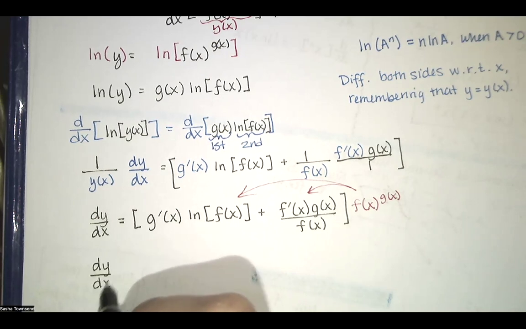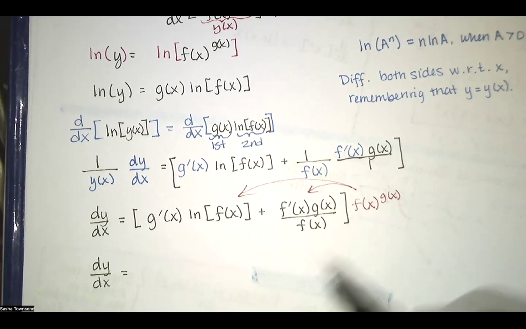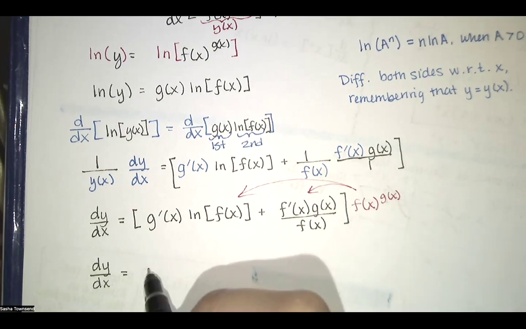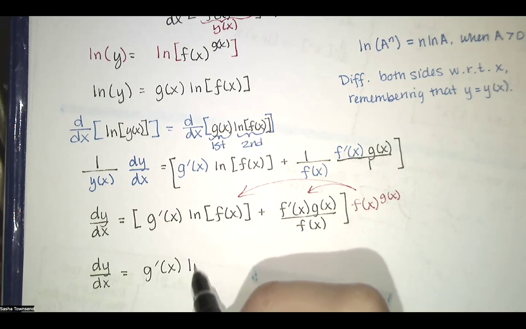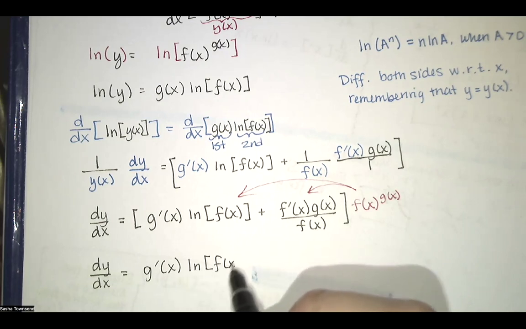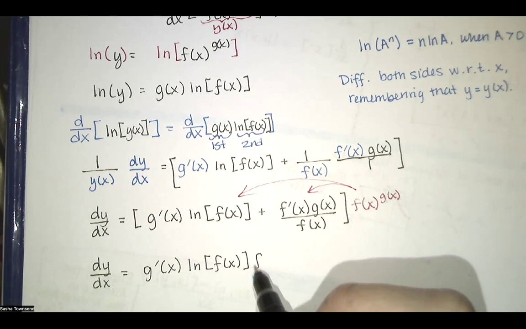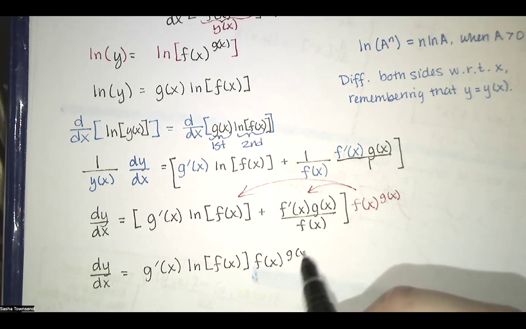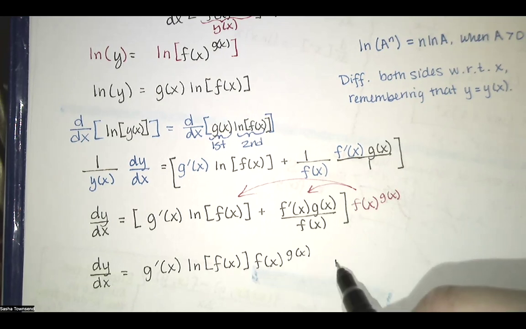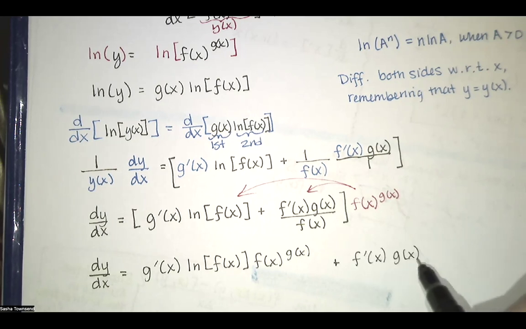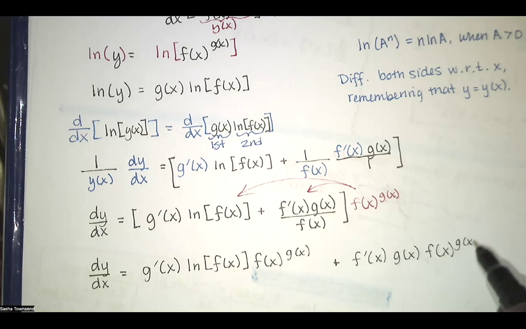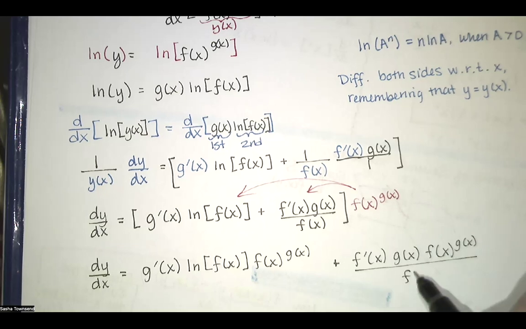Now the derivative of y with respect to x is the g prime of x times natural log of f of x times f of x raised to the g of x, plus f prime of x times g of x, and then we've got f of x raised to the g of x, all divided by f of x.